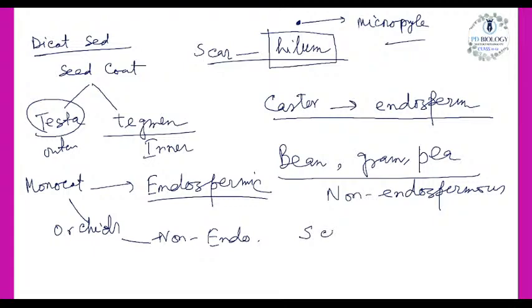Very important question, the scutellum. In monocot, the plumule has a sheath called coleoptile, and the radicle has a protective sheath called coleorhiza. That's special in monocot seed also.